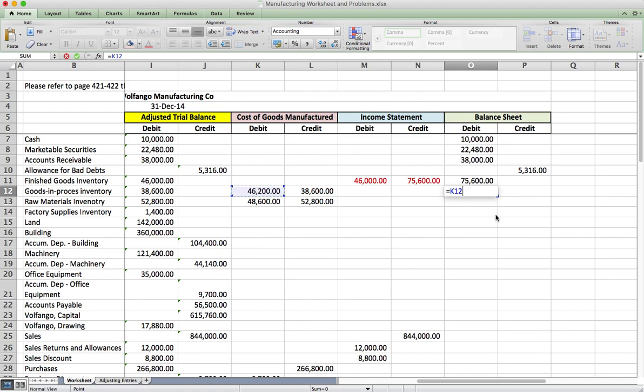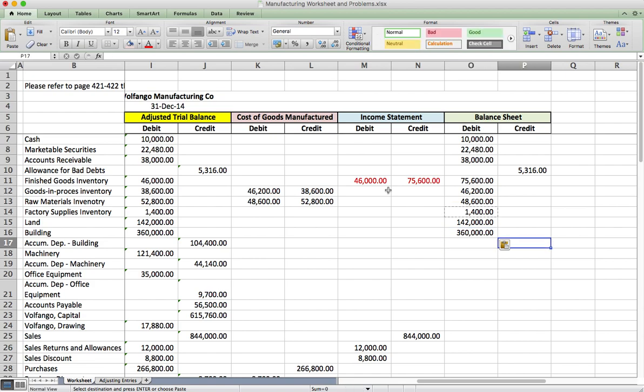Work in process inventory, ending balance. Ano ba ending balance natin? Yun. 46,200. Then, raw materials inventory, 48,600. Factory supplies inventory, magkano na? 1,400. Land, 142,000. Building, 360. Accumulated depreciation, 104.